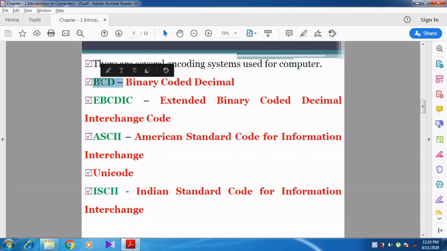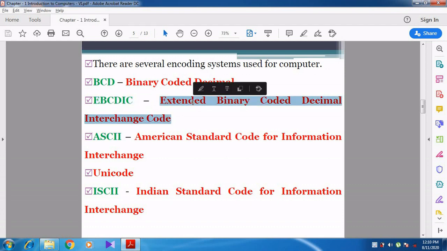First one is BCD. What is meant by BCD? Binary coded decimal. That is one type of encoding system. Then EBCDIC, Extended Binary Coded Decimal Interchange Code.